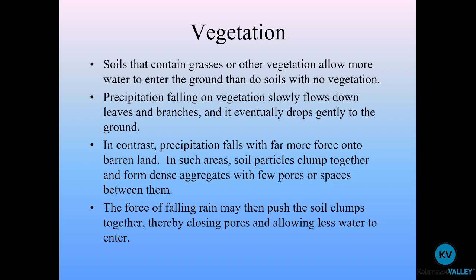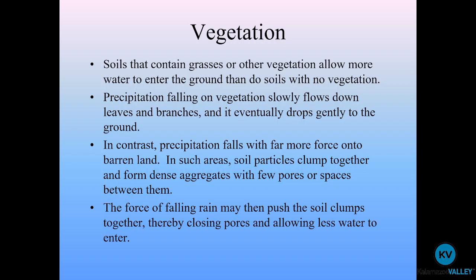It'll hit the leaves and the bushes and the branches and then run down the sides of the leaves or drip off the leaves. So it's going from the velocity it had moving through the atmosphere to the velocity of just dripping off a leaf that's not that high off the ground, which means it's going to have a lesser impact on the ground. Generally, the stronger the impact, the more runoff we'll have.